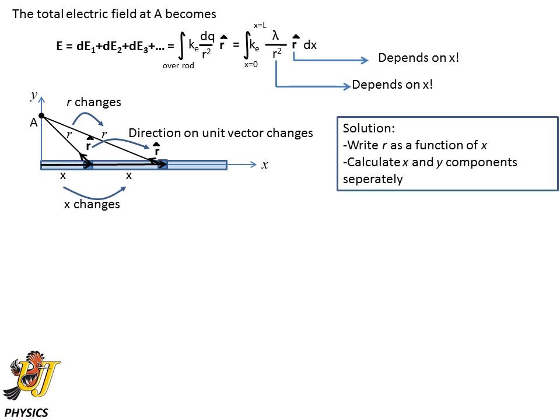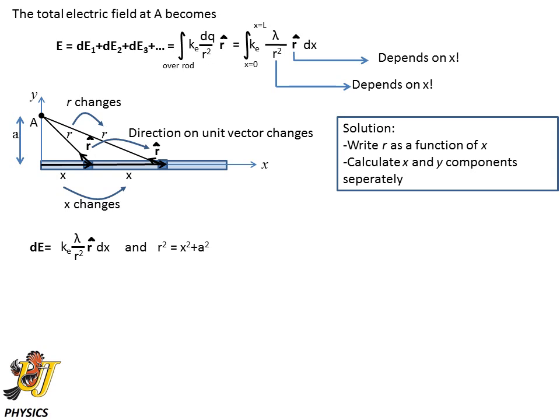And this solution is to write the distance r as a function of x and to calculate the x and y components of the electric field at point A separately. First, let's write r as a function of x. So we start with the tiny electric field produced by a tiny little element of width dx at point A. We know that irrespective of where we choose this element to be, its distance away from point A can be determined by Pythagoras' rule.